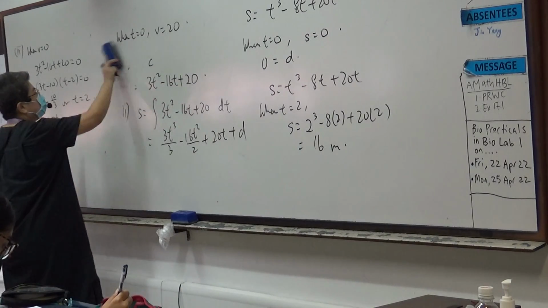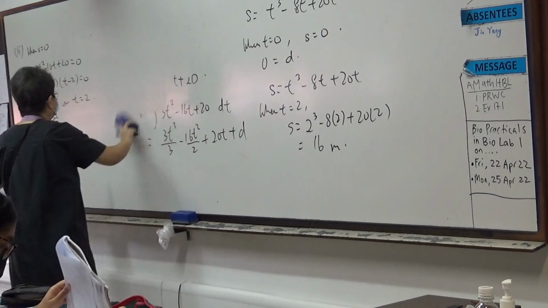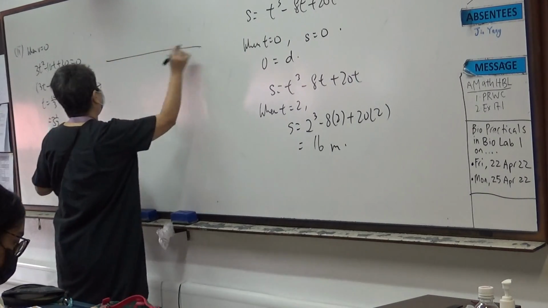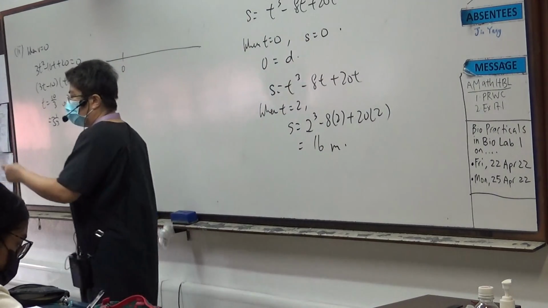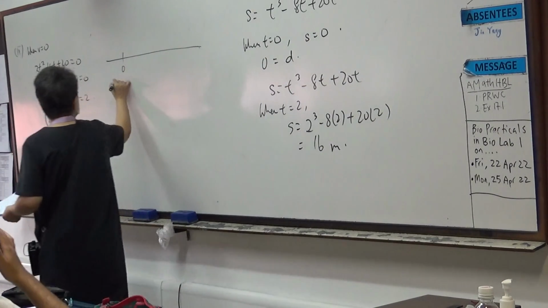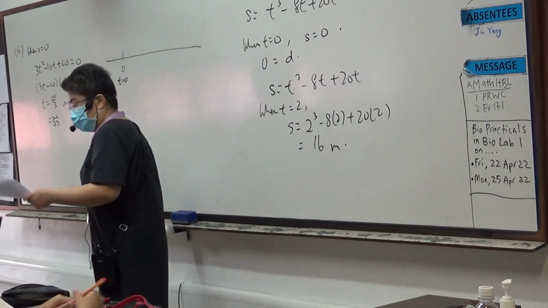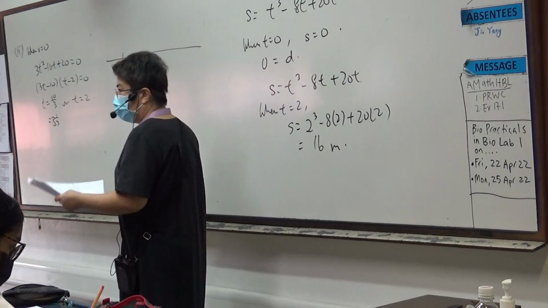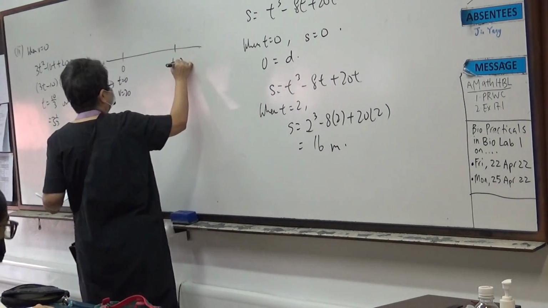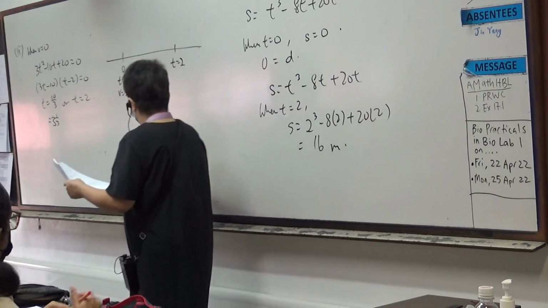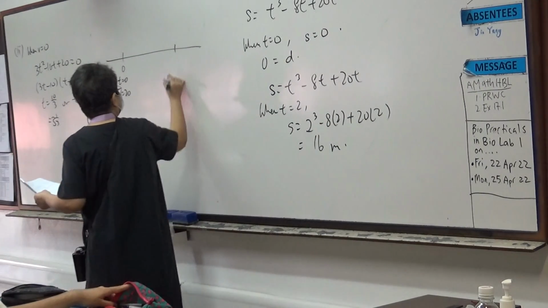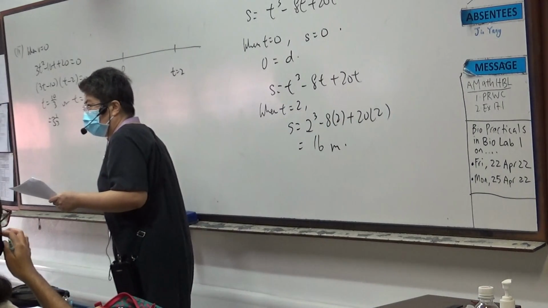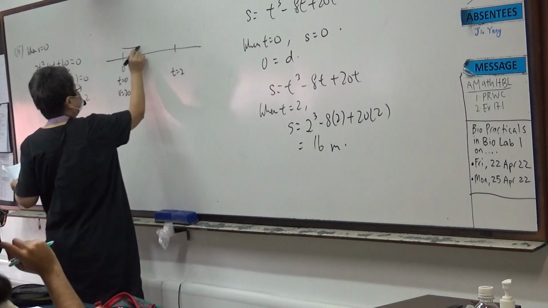Now let me sketch the diagram for you first. Okay? Now, initially at 0, all of you listen to me. t is also 0, right? And the velocity is 20, okay? According to the question. Okay? Now, at t equals 2, okay, maybe I write lower down so that it's in line. t equals 2, it's at instantaneous rest. v positive, that means the particle moves like that.